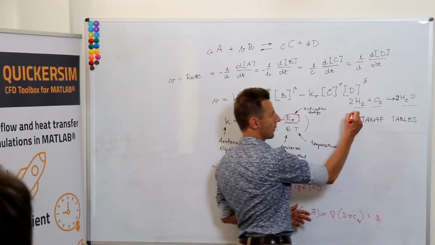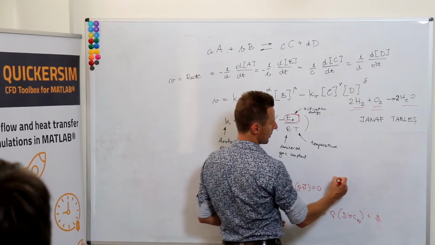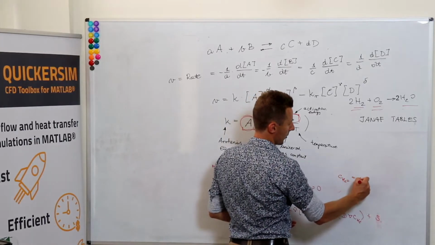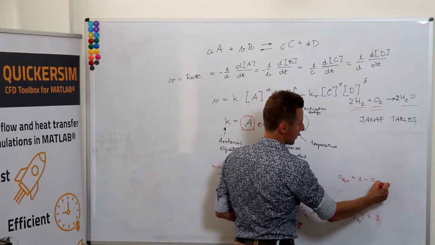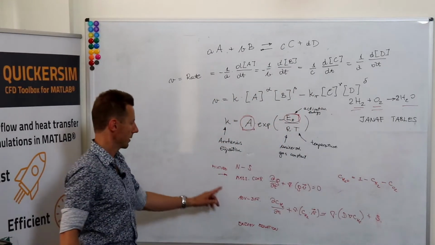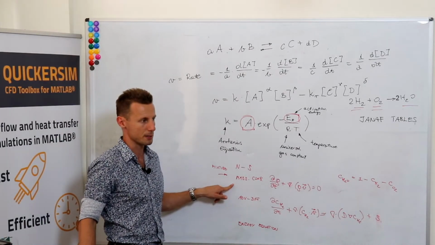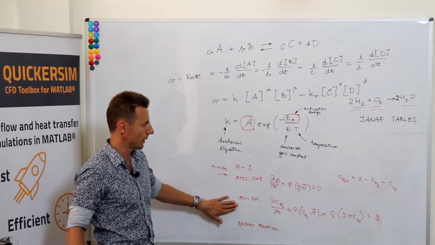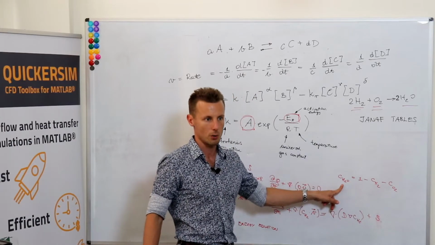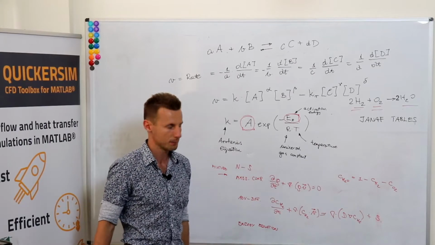Say we would write it for H2 and O2, but we would say that the concentration of H2O equals 1 minus the concentration of H2 minus the concentration of O2. And then this one is responsible for keeping mass constant in your whole system. These two equations for H2 and O2 are resolved, and H2O is computed as the rest.